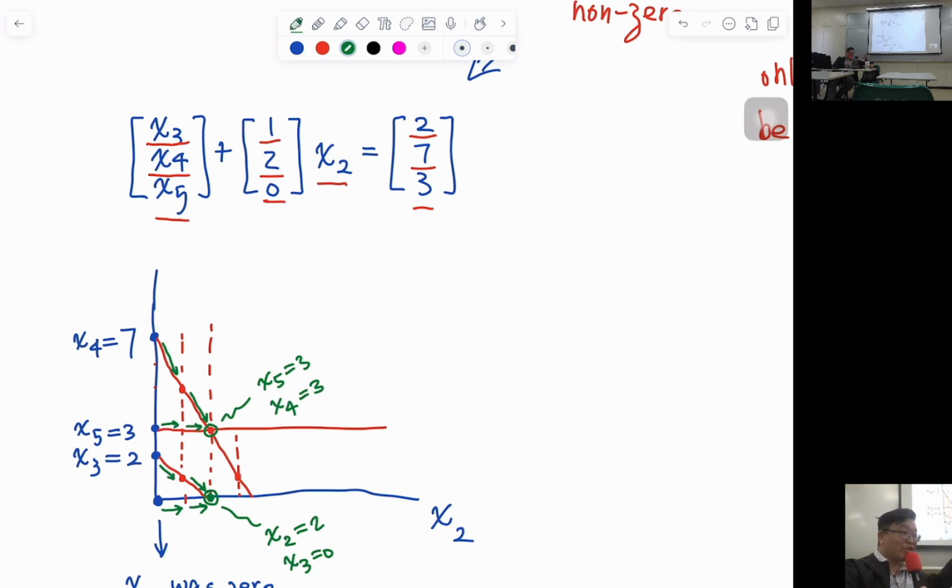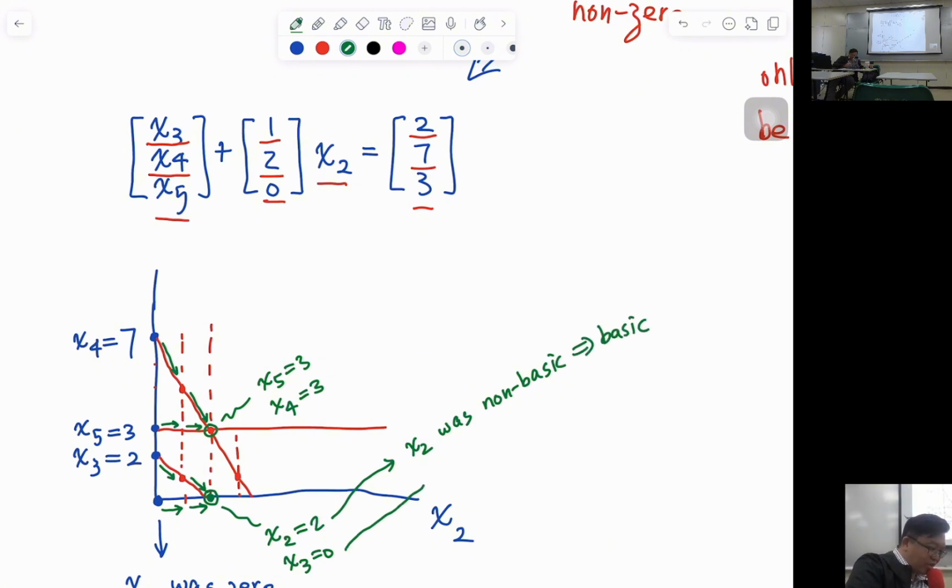So by doing so, x2 was non-basic, now becoming basic, and x3 was basic, now becoming non-basic. So it's a swapping of the role. x2 and x3 swap their roles.